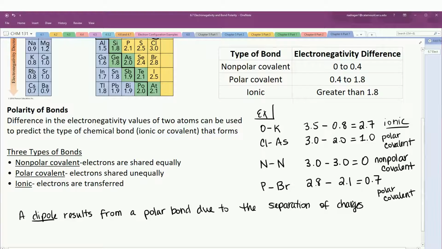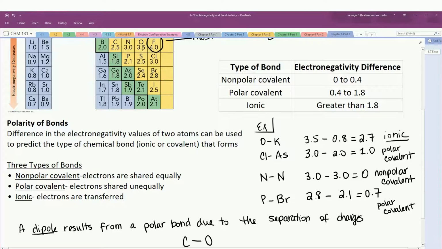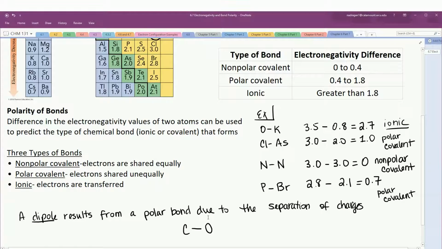Okay, so the first example is going to be a bond between carbon and oxygen. If you look back at our electronegativity table, oxygen is more electronegative than carbon, so it contributes more of a negative charge than carbon. Carbon is going to have a partially positive charge, which is shown by a delta plus, and oxygen is going to have a delta negative.